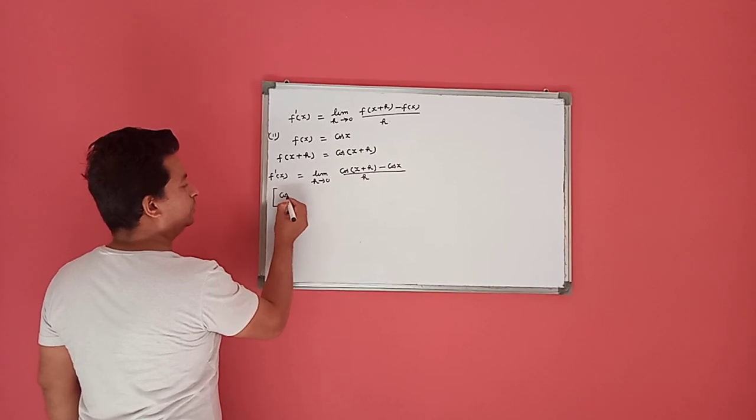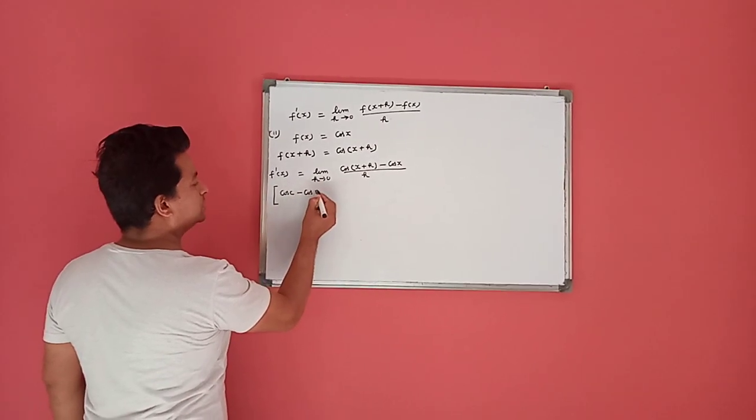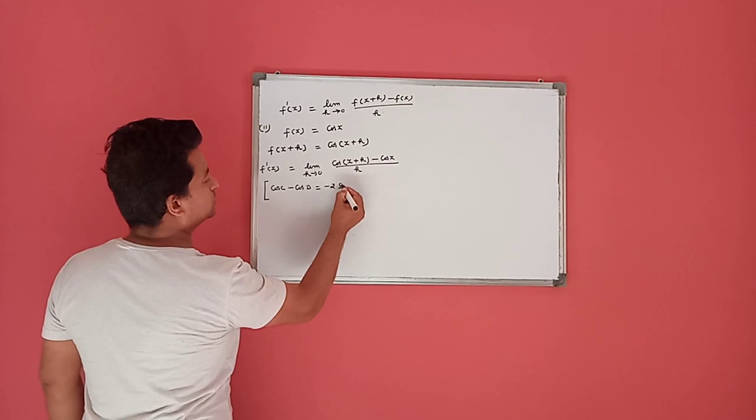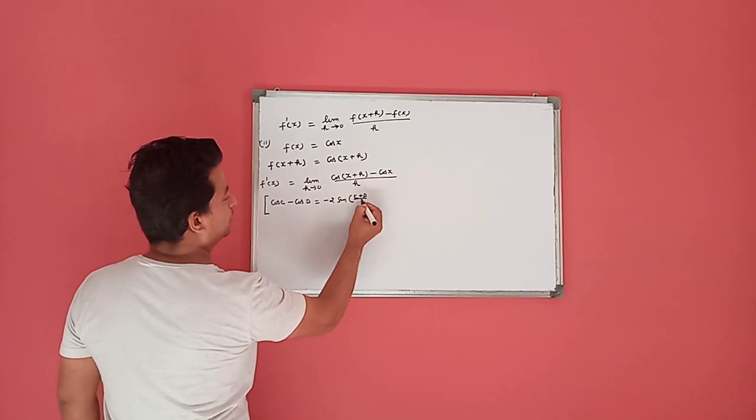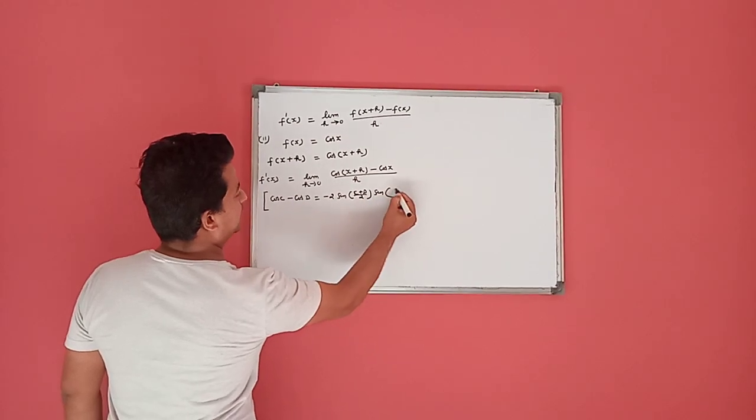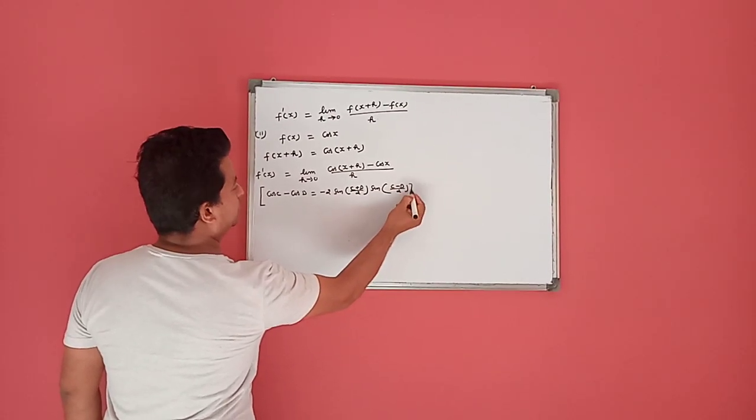As we know, cos C minus cos D equals 2 sin((C + D)/2) into sin((D − C)/2).